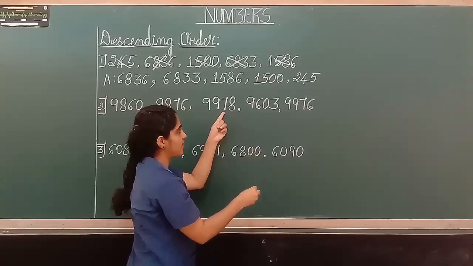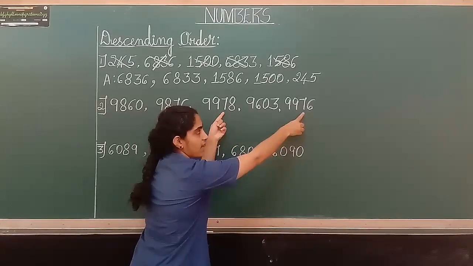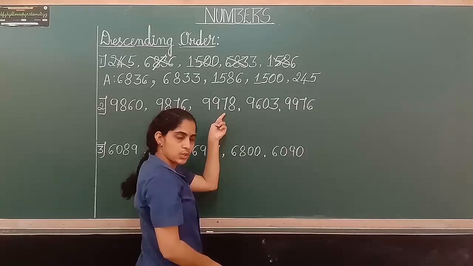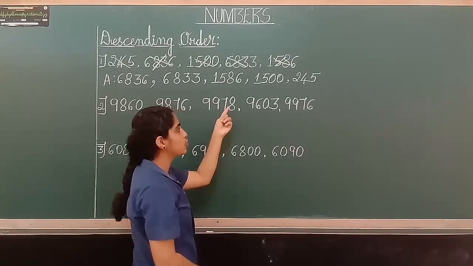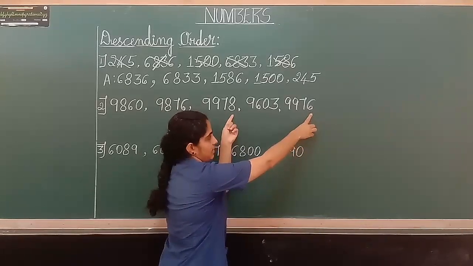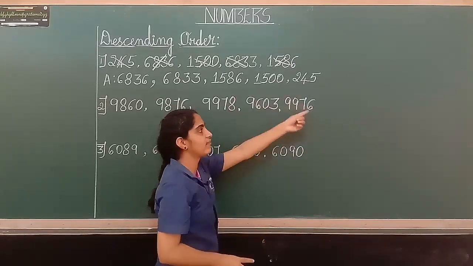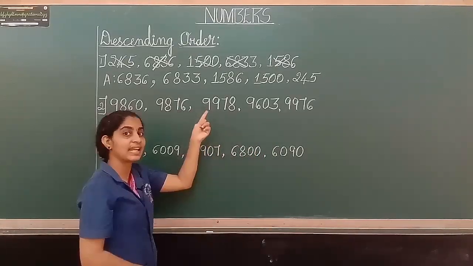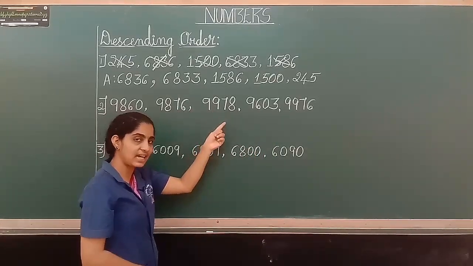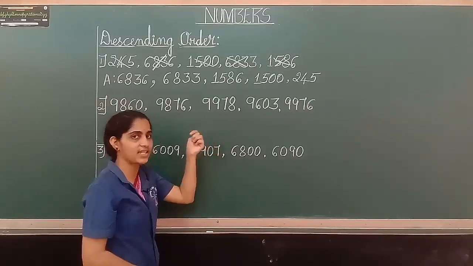So here we have 7, here we have 7. In these two places also we have the same digit. So we have to move to the last digit. Here we have 8, here we have 6. So which is greater? Yes, 9978 is greater.